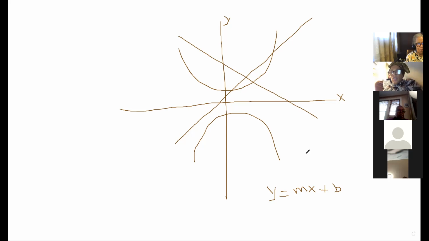It's raised to the second power. A linear equation would never have a power other than 1, whereas a quadratic will always have a power of 2 as its highest power.